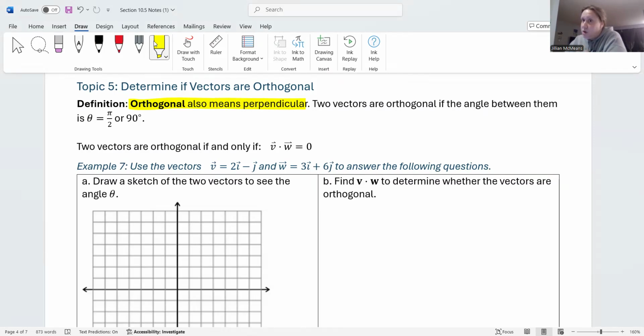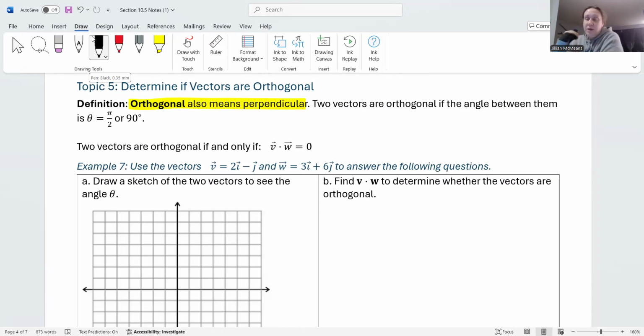That should make sense because back in middle school you would have learned about lines being parallel and lines being perpendicular. Two lines are said to be perpendicular if they intersect, forming right angles, so 90-degree angles. So not the same thing, but there's a similarity in what we're talking about there.